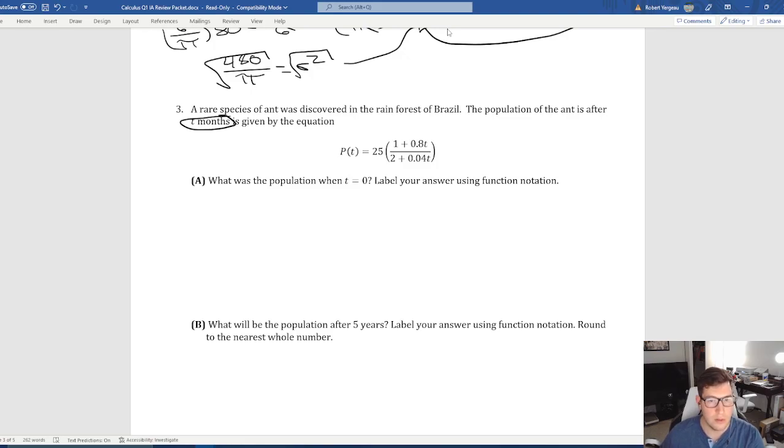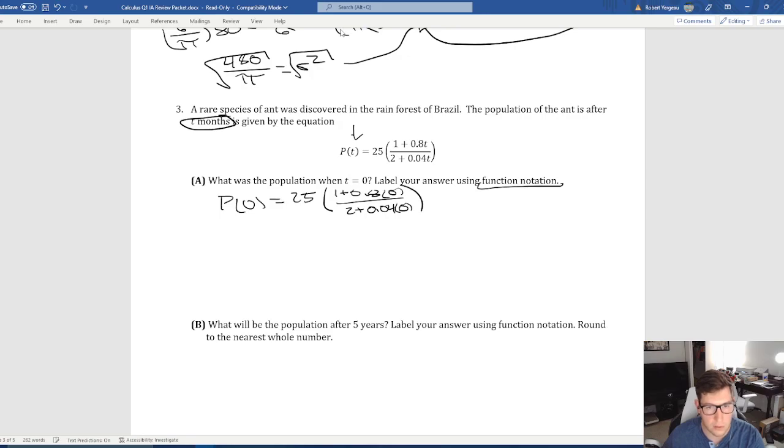What was the population when T equals 0? Label your answer using function notation. Now, remember that using function notation simply means that we are including this P of T. And so what it means for A is that we're looking for P of 0, which means that we are just substituting in 0 anywhere we see a T. So we're going to have 25 times 1 plus 0.8 times 0 over 2 plus 0.04 times 0.